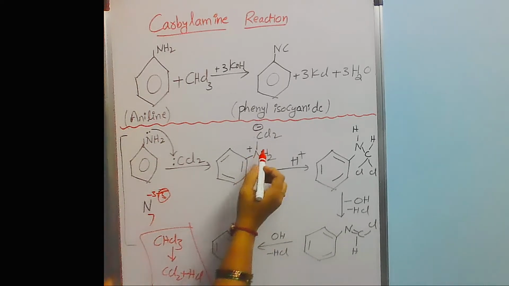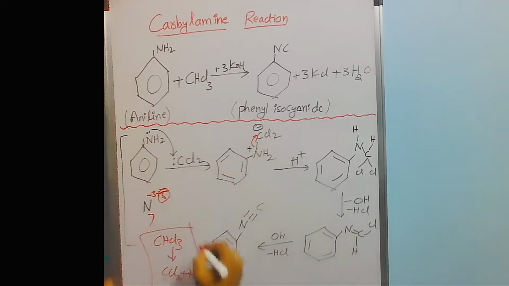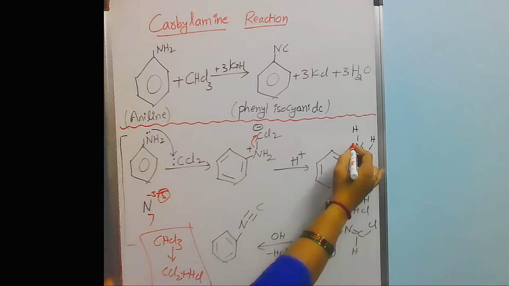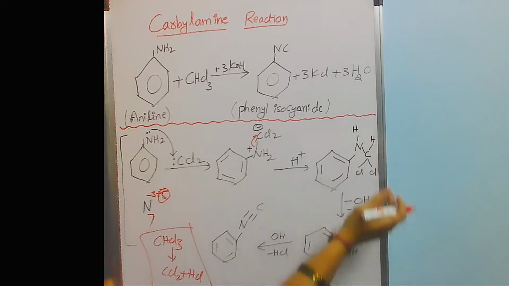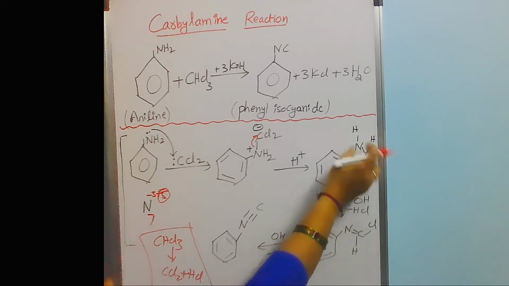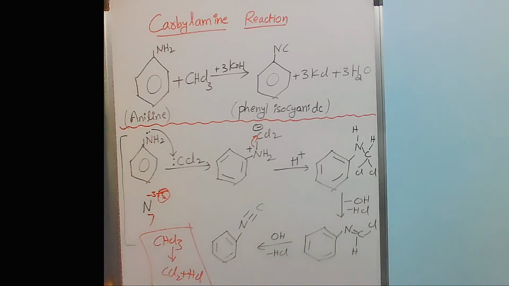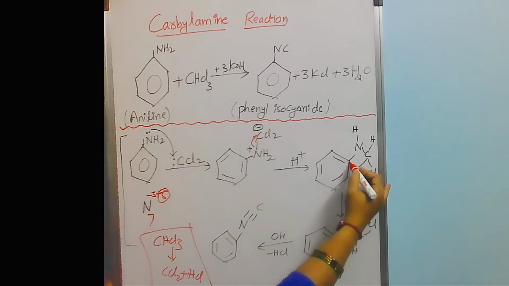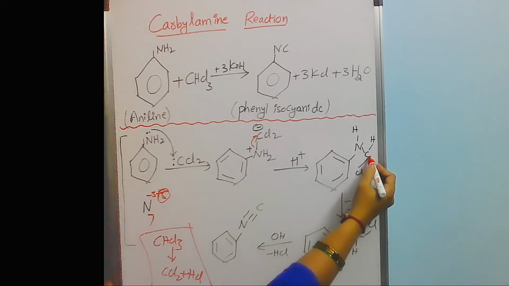Then what happens there? This bond reacts, the electrons are transferred, and the nitrogen contains only +3 valency, and -3 is nothing but 3 bonds. Nitrogen mostly forms 3 bonds only. So here 1 hydrogen, the carbon is already there, and 1 more carbon.